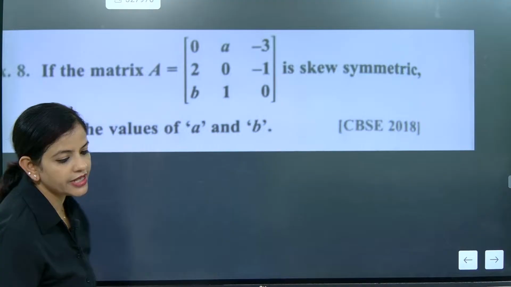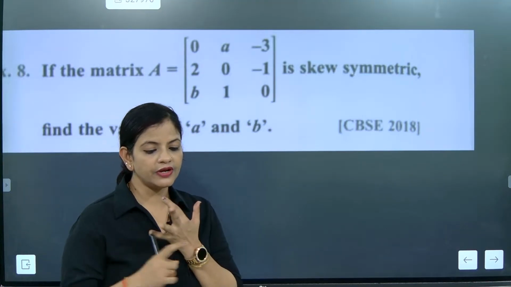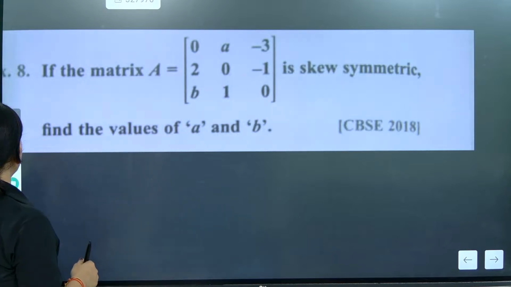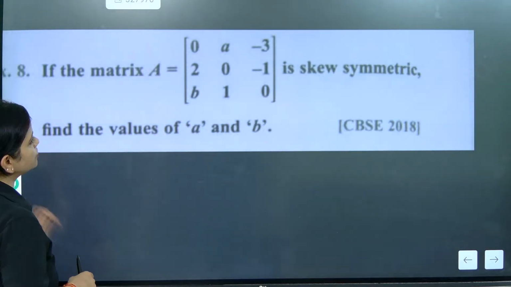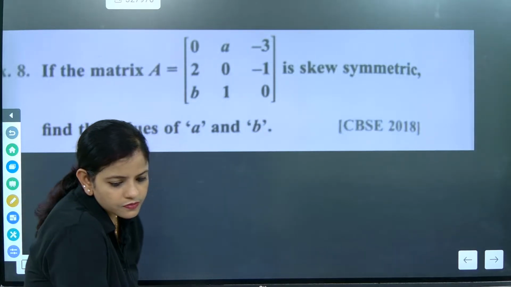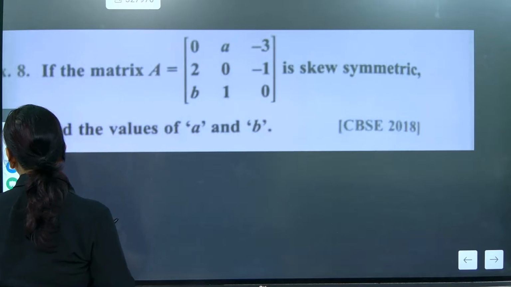Is minus 2 comma 3 correct or not? Because skew symmetric matrix means what? Transpose of A will be equal to minus A. One very easy technique I taught you. Do you remember it?